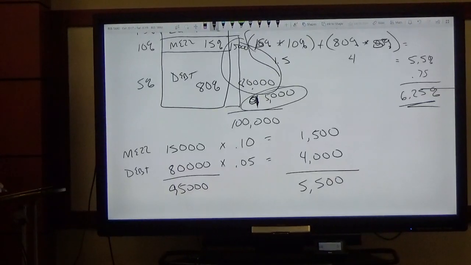So in this case, 5,500 is our overall cost of debt. Okay, does that make sense?